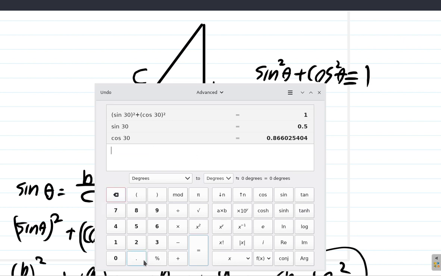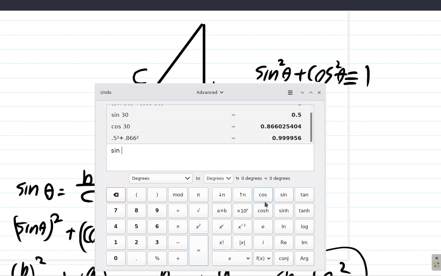Then we say 0.5 squared plus 0.866 squared equals. Right. Because of the rounding off, we didn't get back our exact 1. So we see we have 0.999956. Let's try another number.